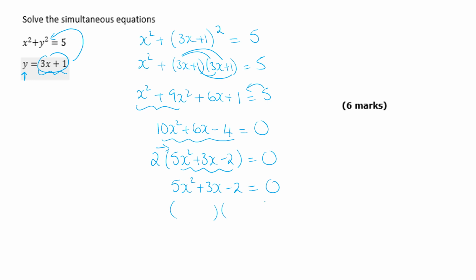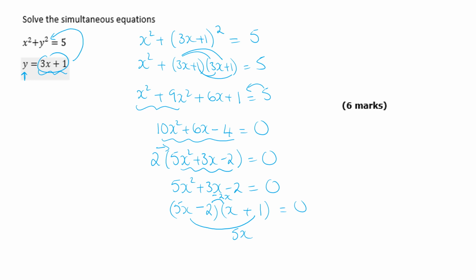And then we need to factorize again. So 5x and x. 2 and 1, so if I put a 1 there and a 2 there, I need to have a plus 5, so that will give me 5x, and then a minus 2x, and they'll go together to give me the plus 3x.